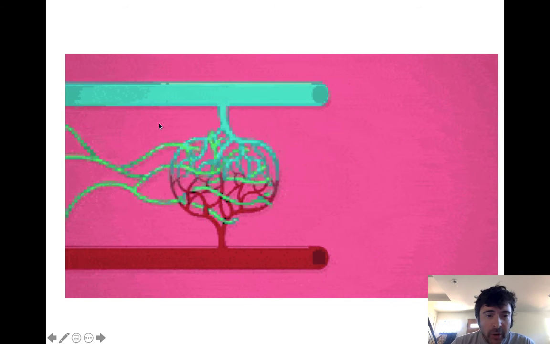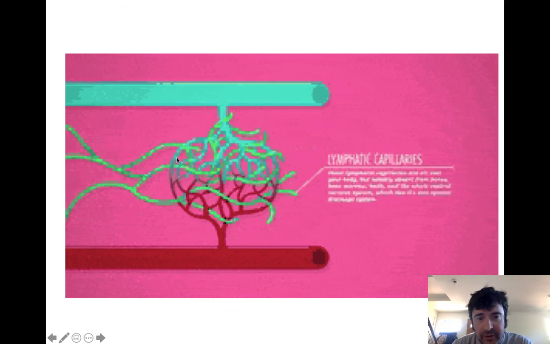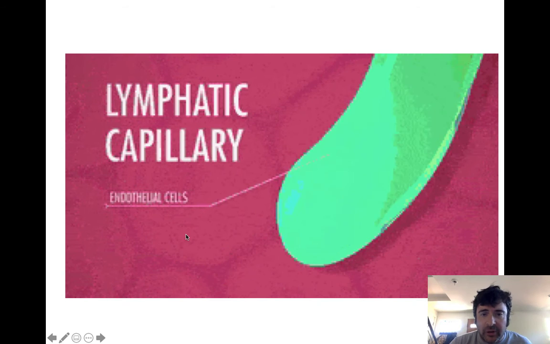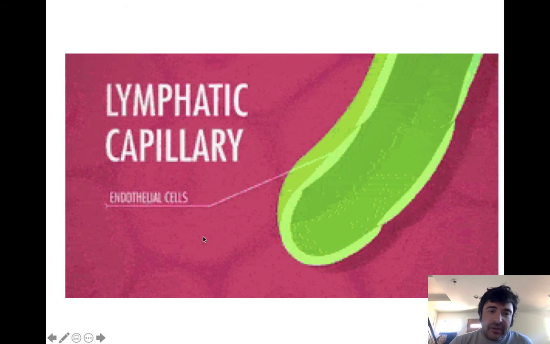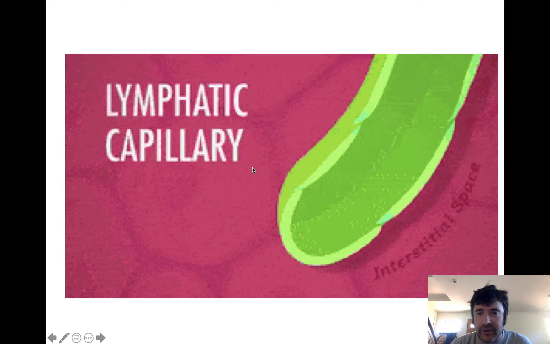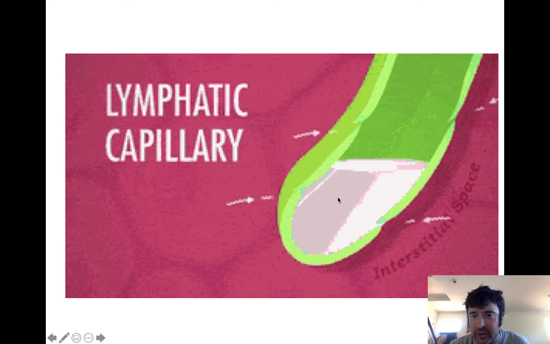So when you're looking here, we have an arteriole, here we have a venule, blood capillaries. These lymphatic capillaries grow with the blood capillaries. You have your interstitial space. In this interstitial space, there's interstitial fluid. If the pressure in this interstitial space exceeds the pressure in the lymphatic capillary, these flap-like mini-valves in the endothelial cells will open.